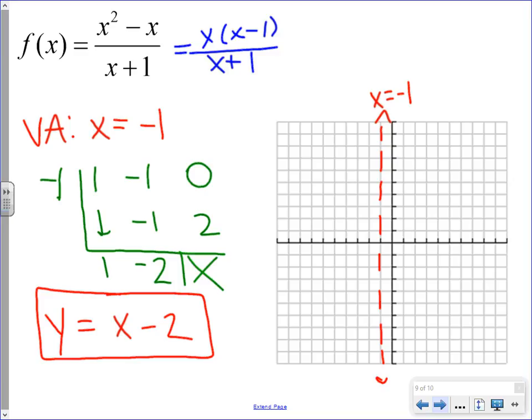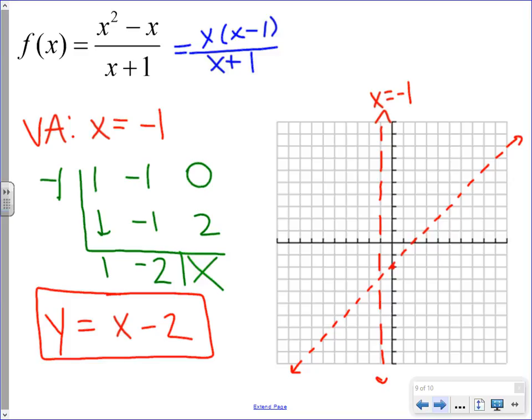So x minus 2, we have a y-intercept of -2 and a slope of +1. This might be a time you want to use your new ID card to help you.